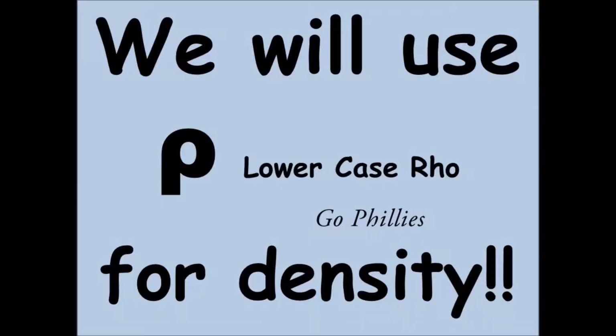Now, when we study density, for instance, we will not use D as you may have used in chemistry. We're going to be using the lowercase rho. If you know the Philadelphia Phillies, they use the lowercase rho on their uniform, kind of a cartoon-like P, and we're going to be using that for density.